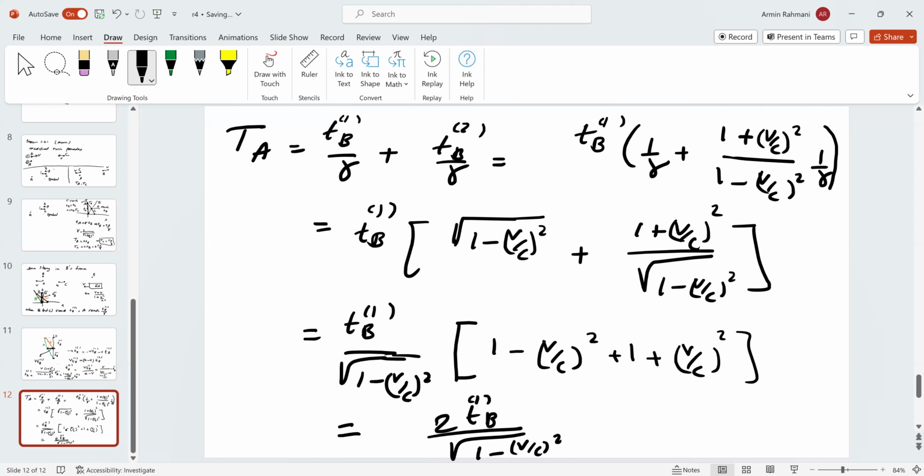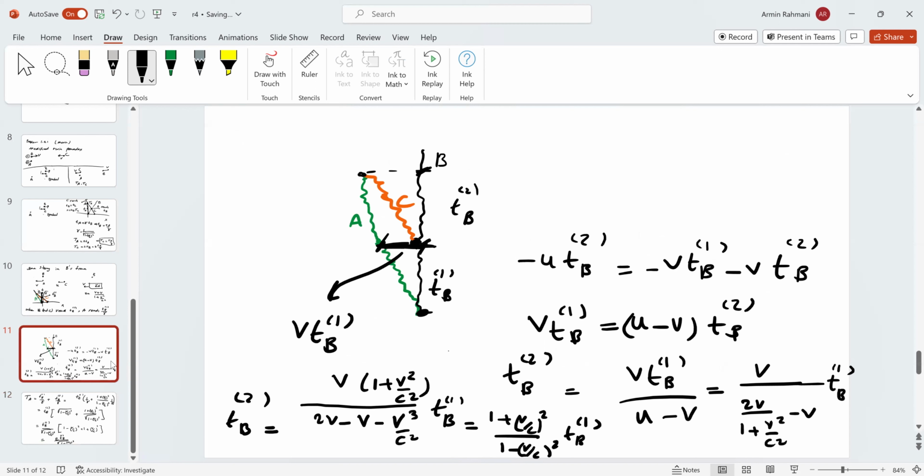Now we need to figure out TC, the reading on C's clock, in terms of the same TB1 and velocities and things. So again, we know that C now at this point just reads TB1 because she synced her clock with B. Then from the meeting between C and B to the meeting between C and A, we want to figure out how much C's clock has advanced.